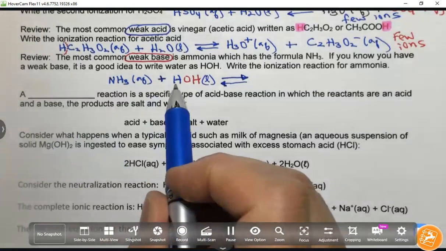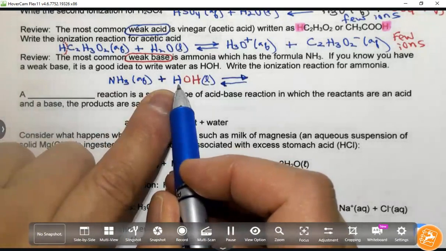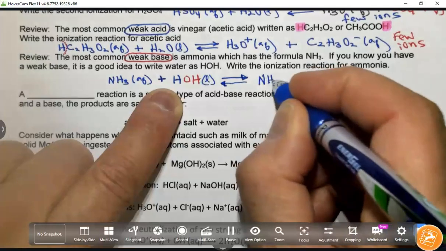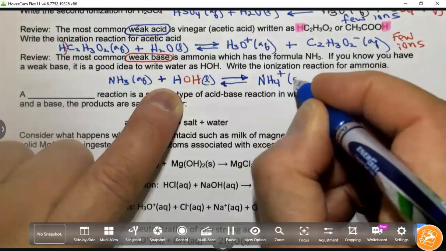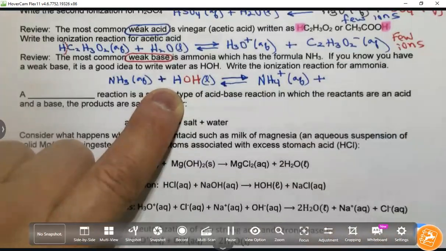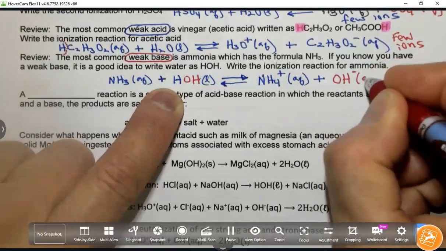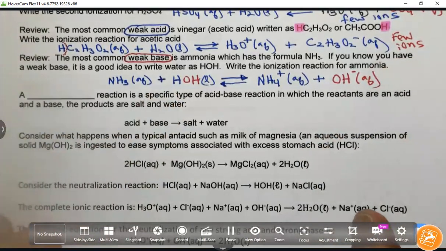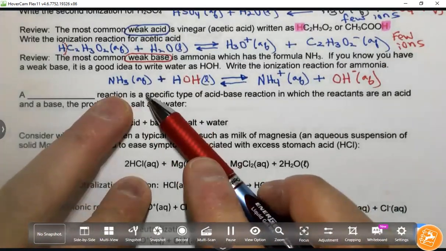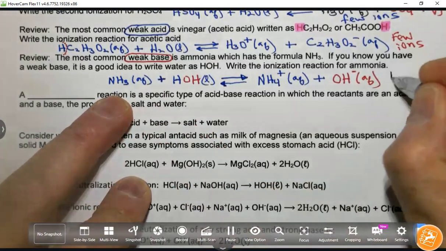This time, water acts as the acid, and H plus comes off of water. If an H plus comes off, we're going to end up with NH4 plus plus OH minus. This is ammonia cleaner, or Windex with ammonia. And we get a few ions.